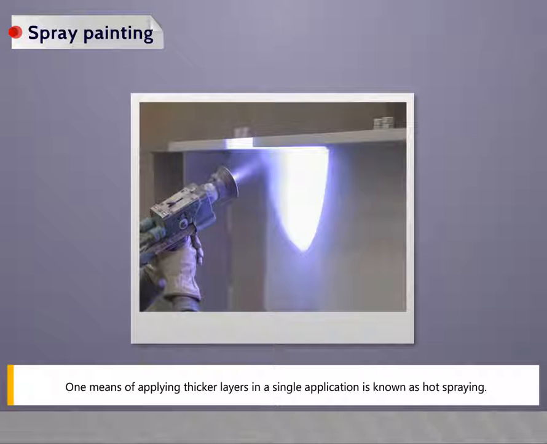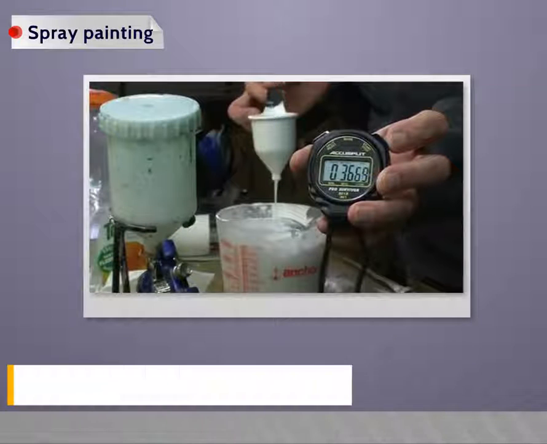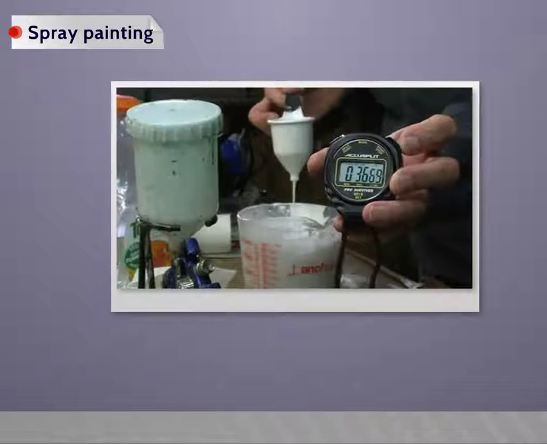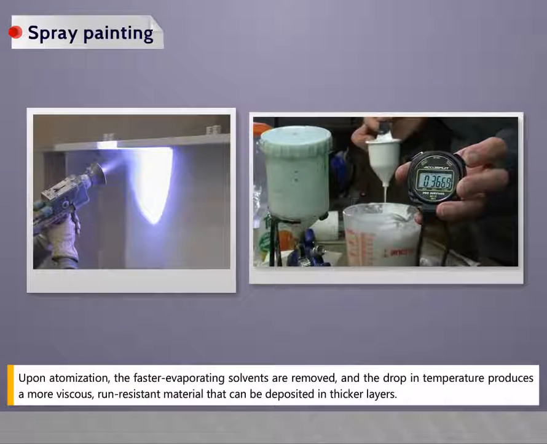One means of applying thicker layers in a single application is known as hot spraying. Special solvents are used that reduce the viscosity of the material when heated. Upon atomization, the faster evaporating solvents are removed, and the drop in temperature produces a more viscous, run-resistant material that can be deposited in thicker layers.